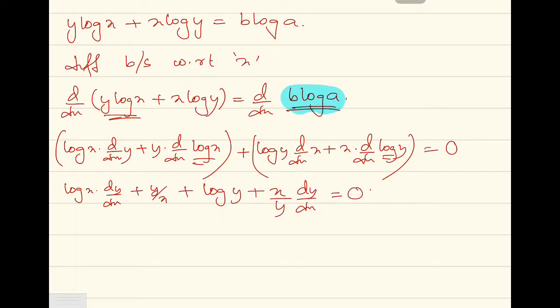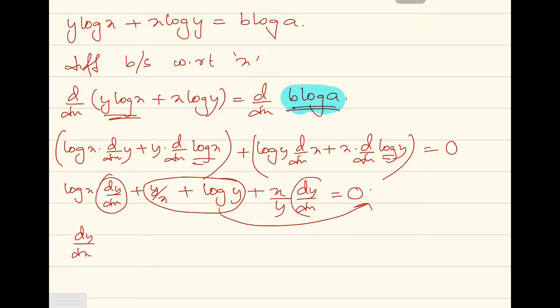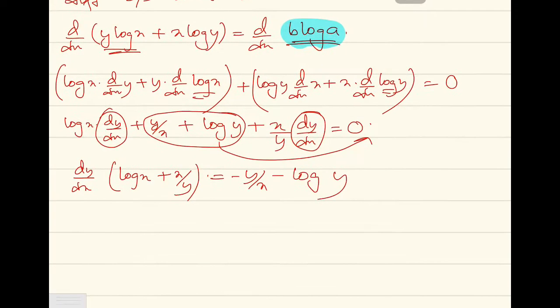Let's bring all dy by dx together. So these two move to my right, so that gives me dy by dx common from these two, and I'm left with log x plus x by y, and that side y by x plus log y, correct? Because both move to the other side.